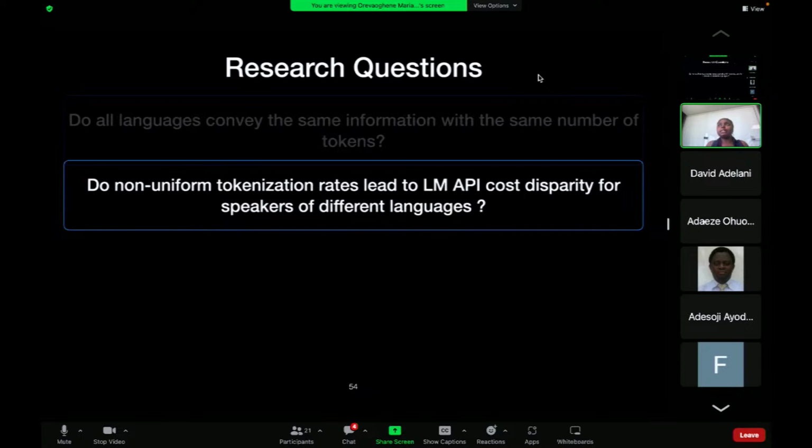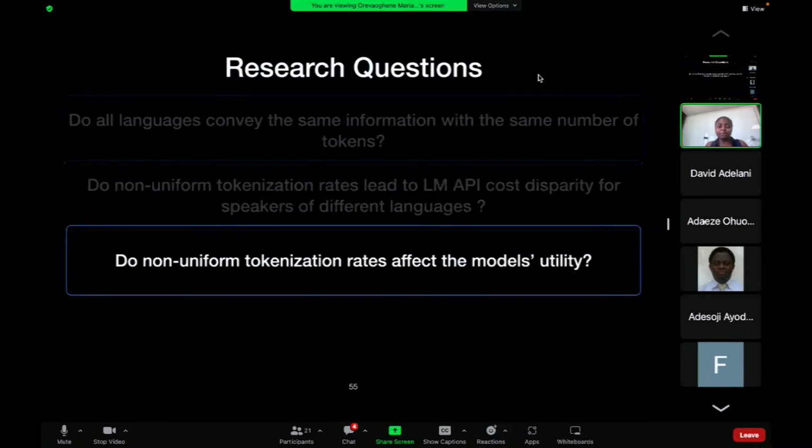And also, when you have non-uniform tokenization rates, meaning that language A has higher fragmentation rates than language B, does it lead to cost disparity for speakers of different languages? And how does it affect the utility of the model? We agree that with BBPE, we can train on Latin and then test later on Arabic.